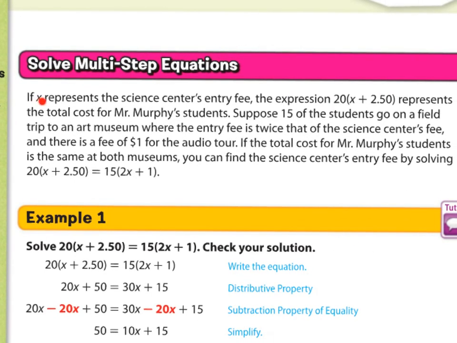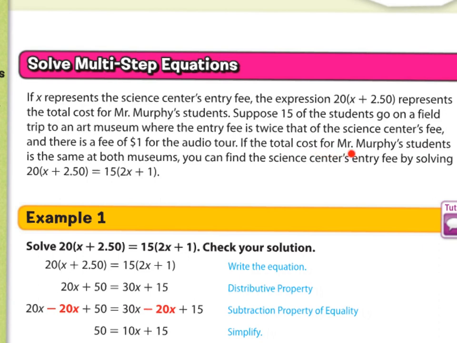So if X represents the Science Center's entry fee, the expression 20 times X plus $2.50 represents the total cost for Mr. Murphy's students. Suppose 15 of the students go on a field trip to an art museum where the entry fee is twice that of the Science Center's fee, and there is a fee of $1 for the audio tour.